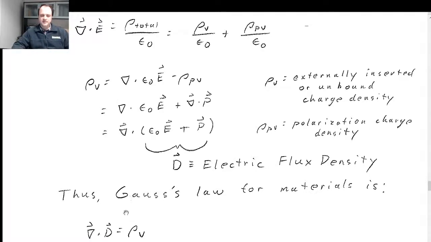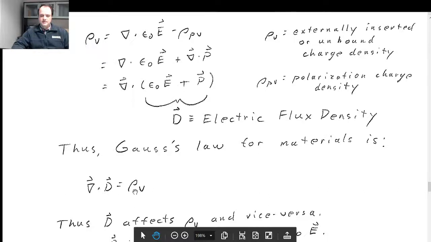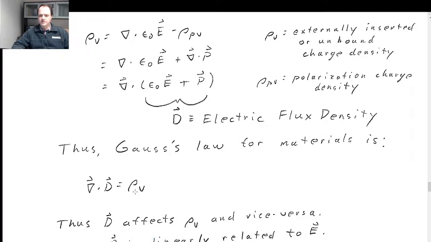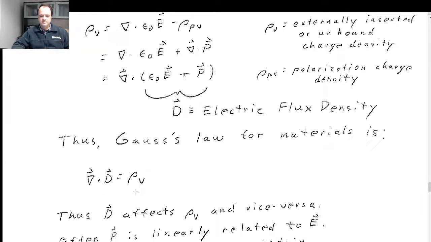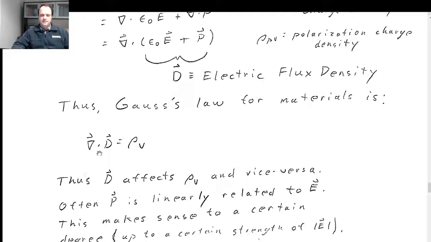But this is del dot D is equal to the free charge, the charge that's free to move, not bound, not polarized, or charge that's externally applied to the system. Thus, D affects only rho v and vice versa. It only interacts with rho v.